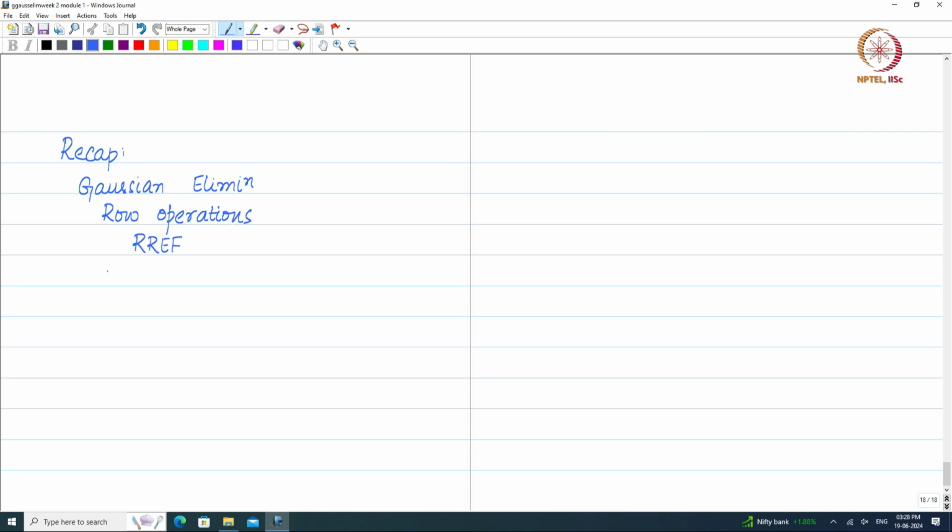We also looked at the idea of pivot variables, free variables and rank of a matrix, etc. Further, Professor Arul Alan gave insight about how elementary row operations preserve the solution space.